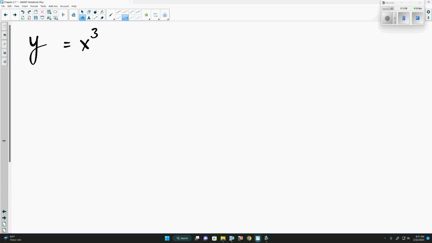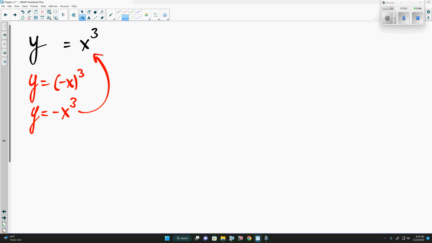If we replace x with negative x, negative x cubed is actually just negative x cubed, because a negative times a negative is a positive, times a negative is a negative. So we get this here. So are these the same? No. So that tells us it's not symmetric to the y-axis.